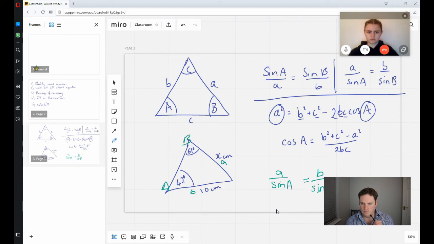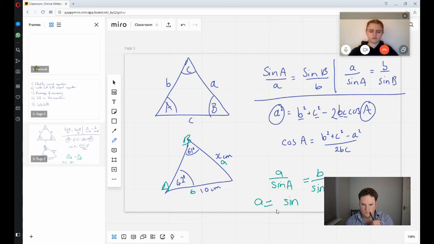So then, yeah, because then sine A goes on to both the top and the bottom, doesn't it?